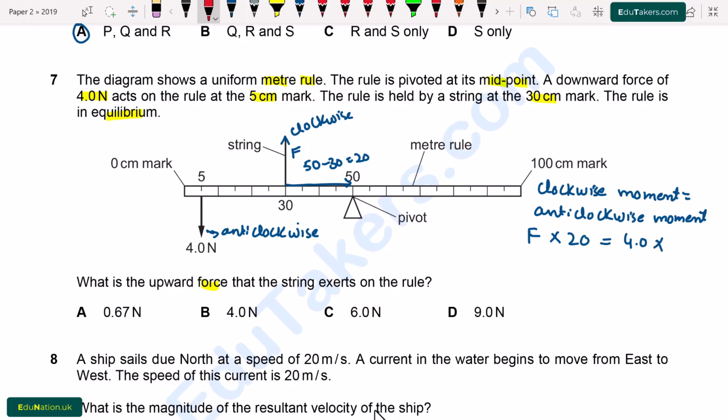In this case, the perpendicular distance will be from the 5 mark to the 50. So here will be 50 minus 5, which is equal to 45. So force will be equal to 4.0 multiplied by 45, divided by 20. Then force will be equal to 9 Newton. From here, option D is correct.